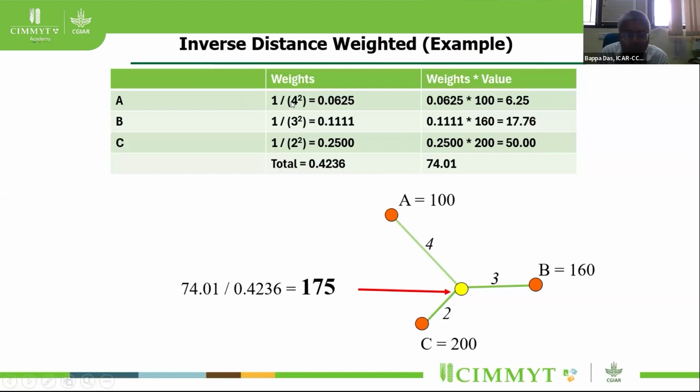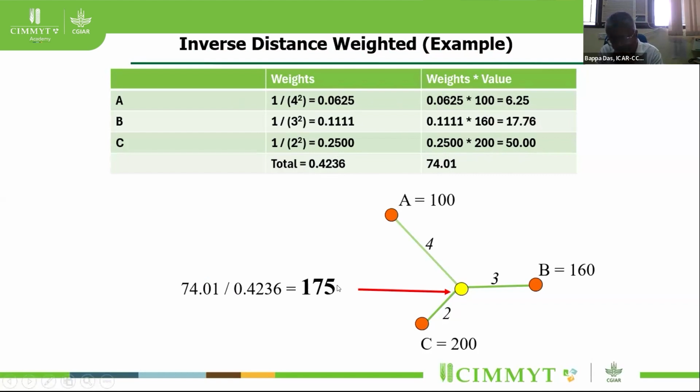You calculate 1 by distance squared, so 1 by 4 squared, then 1 by 3 squared, 1 by 2 squared, and you get the total. Then the values should be multiplied by these weights, you take the summation, and you divide it by the sum of weights. That will give you 176. So this is the unknown value, 176.